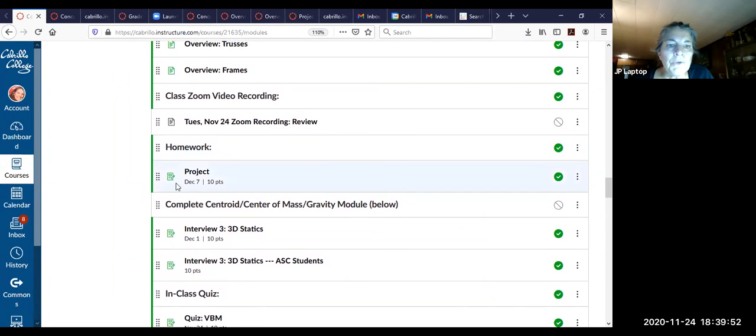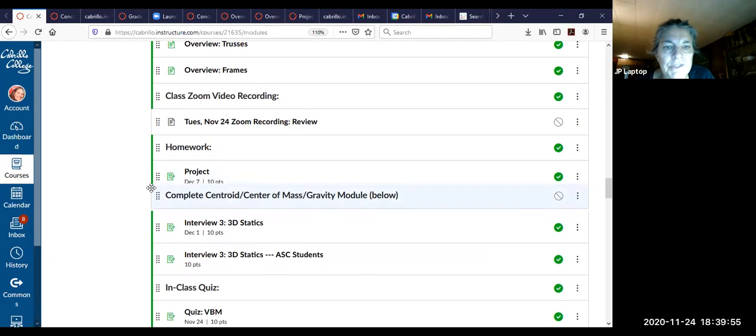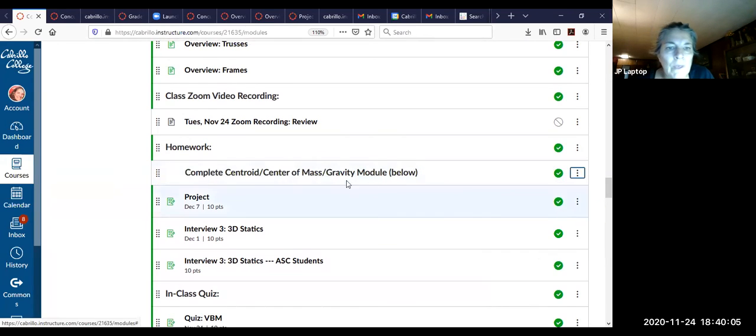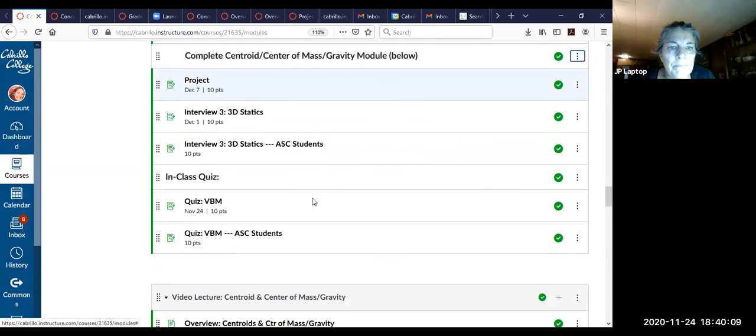Okay, so your homework is, let me put this one first, publish it, and indent it. You have to complete the centroid, center of mass, and gravity module below.